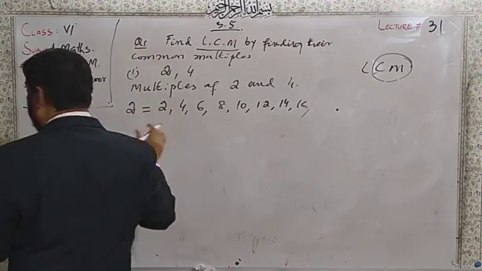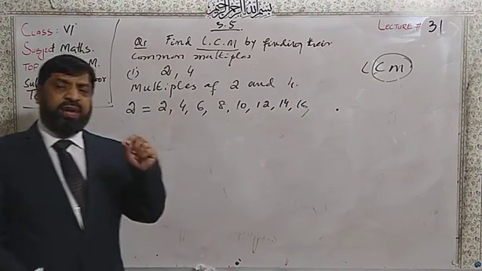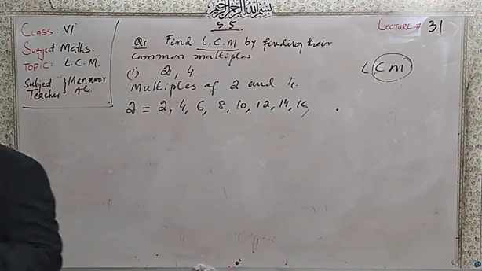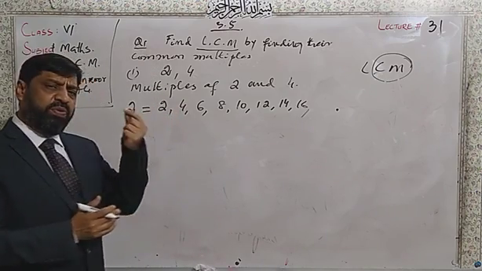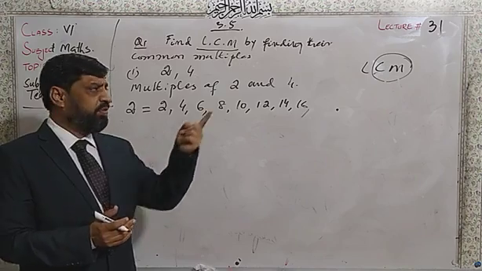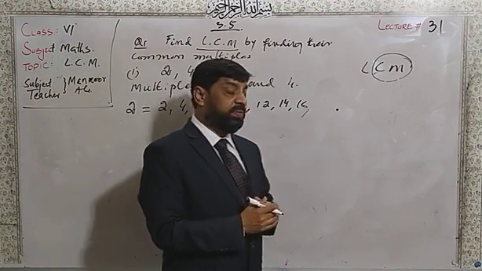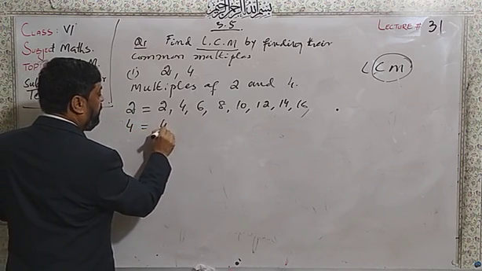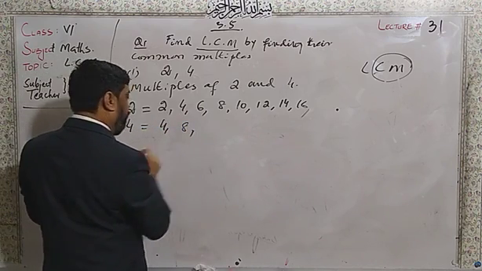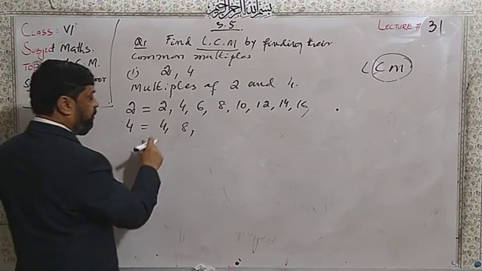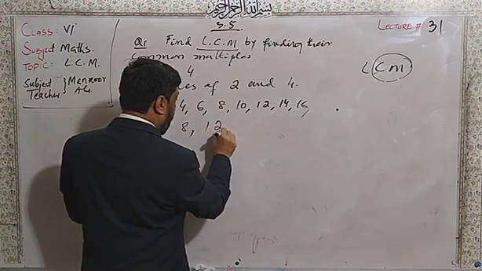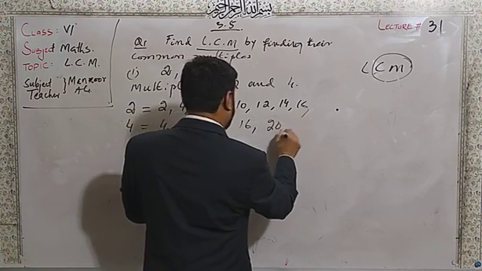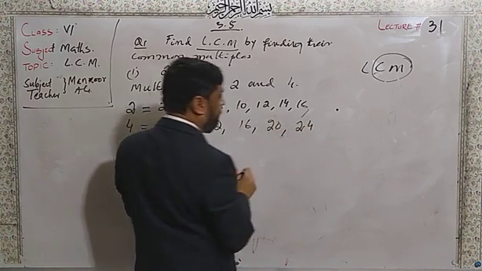It is not necessary that we proceed, but we have to take at least 2 multiples, and from there take the 1 multiple that will represent the LCM. Now 4 one time, 4 ones are 4, 4 twos are 8, 4 threes are 12, then 16, then 20, then 24.